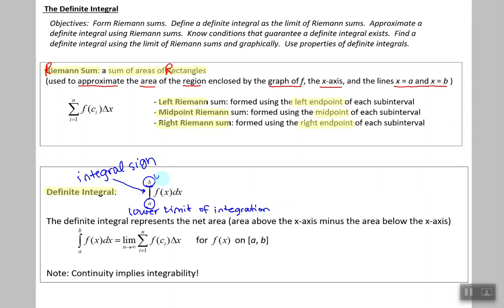And b is called the upper limit of integration. These come from our interval starting at a and ending at b. The function in the integral expression is called the integrand. And you might recognize dx from when we did differentials. This is the differential of the variable of integration.